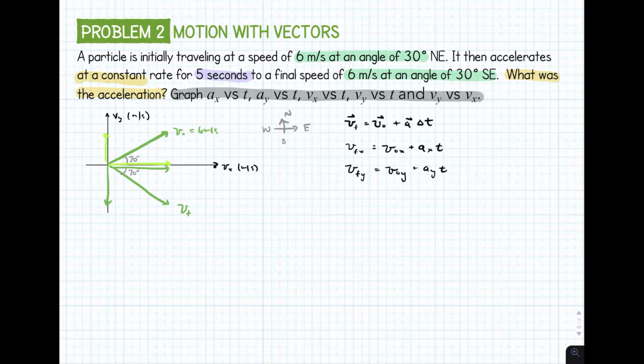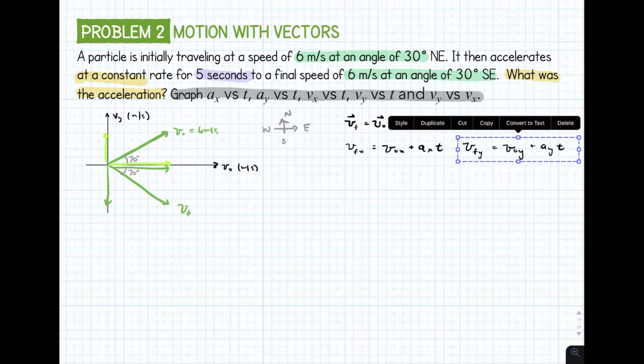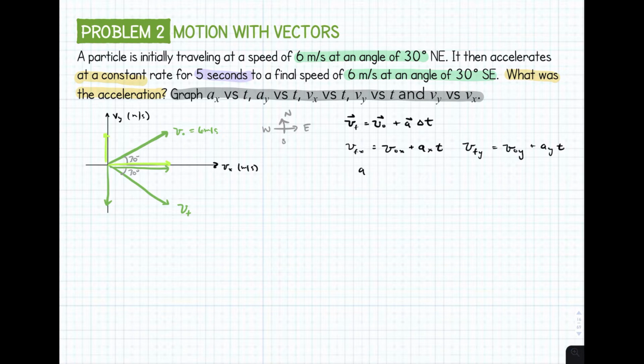And so we can pull these apart and we can treat them separately. And that means that our ax is going to be equal to v final x minus v initial x over delta t.